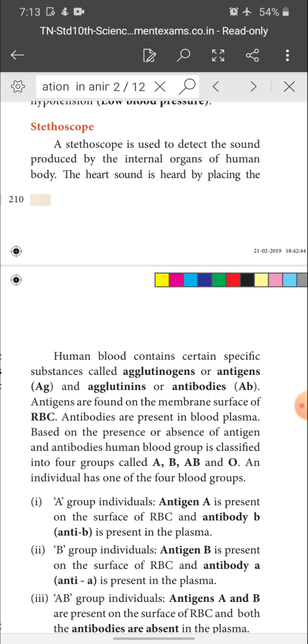Since they produce antibodies, neutralize the activity of pathogens and destroy infected cells, they are involved in the defense mechanism of our body. So in overall view, the lymphatic system is involved in the defense mechanism, that is its main function, and apart from that it does some other functions also, which we are going to discuss now.